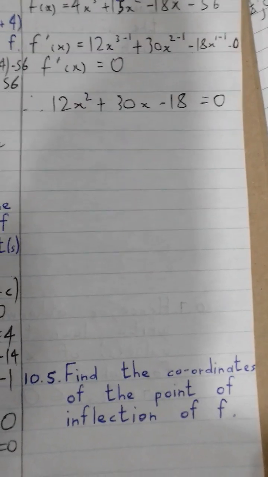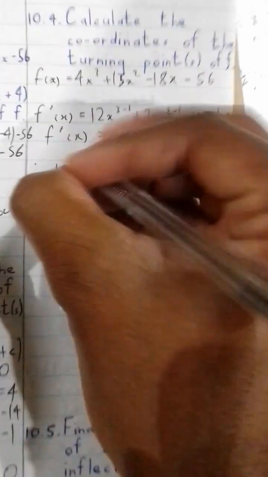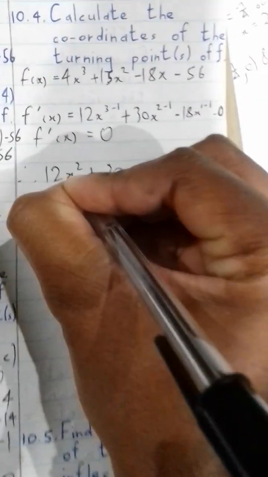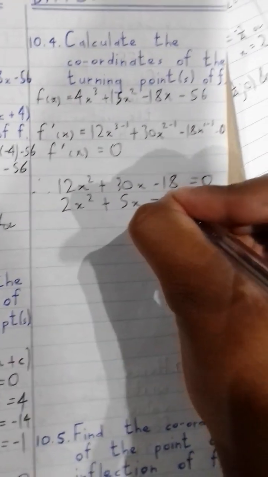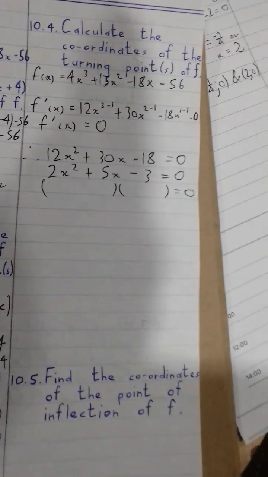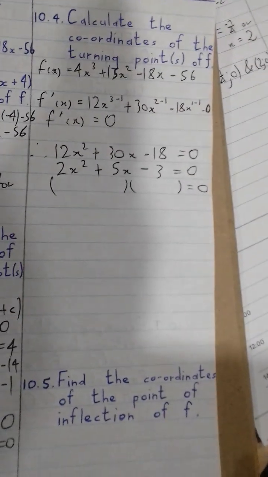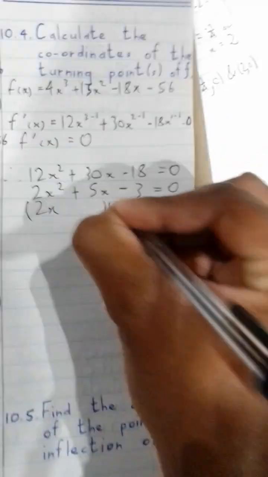Common factor, you should notice that it's 6. So 12 divided by 6 is 2, 2x squared plus 30 divided by 6 is 5x minus 18 divided by 6 is 3. Let me see, 3 times 1, 2x, x.